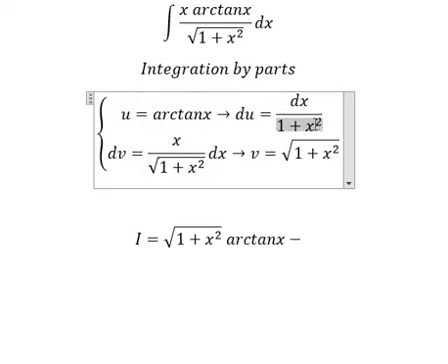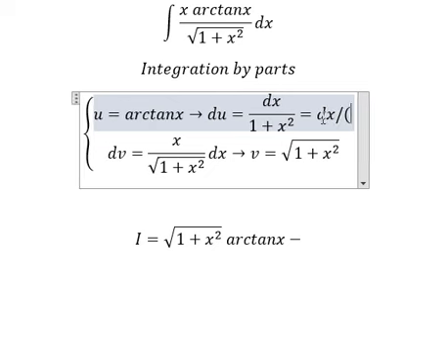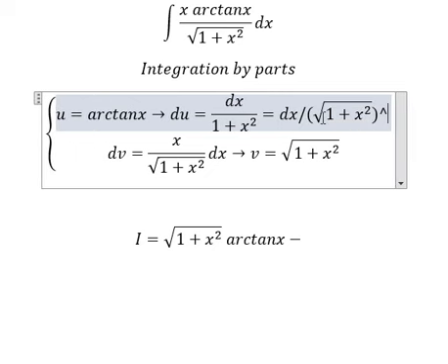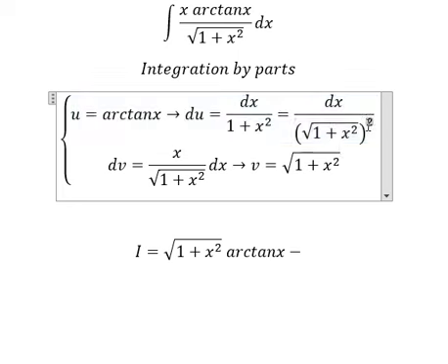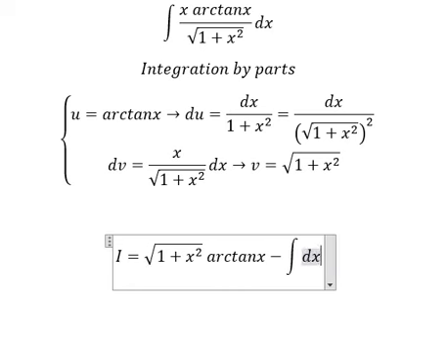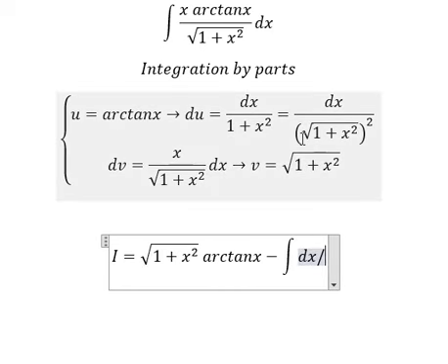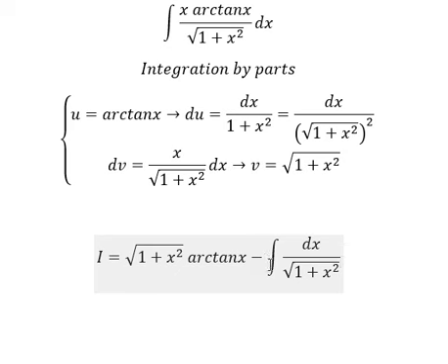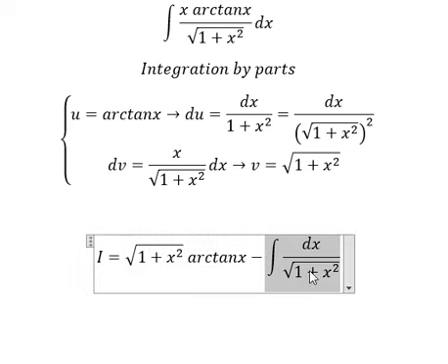So this one we know is x over the square root of 1 plus x squared, everything to the power of 2. So this one simplifies with this one, and we have the integral dx over the square root of 1 plus x squared. Now we need to concentrate on this one.